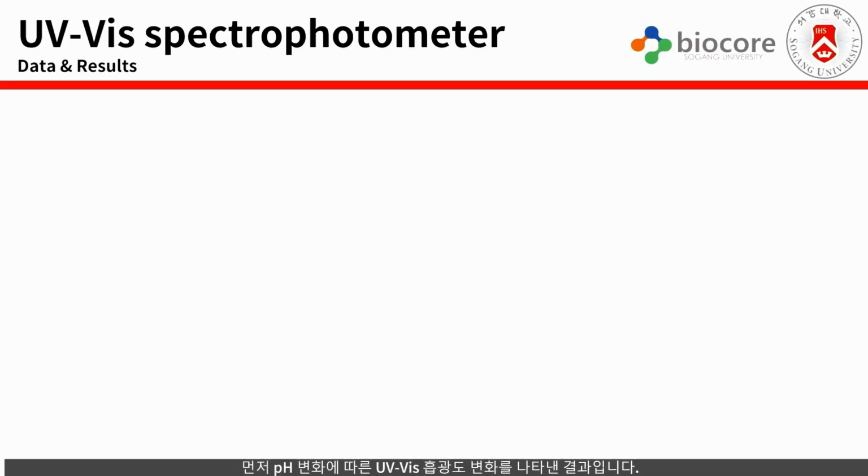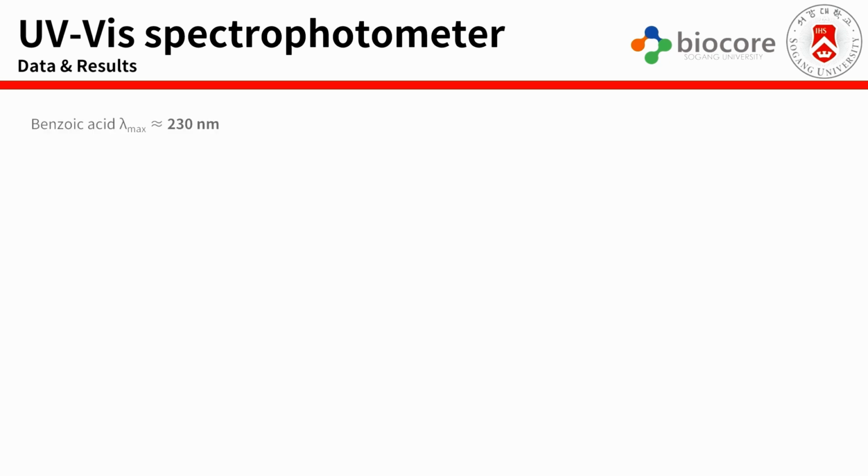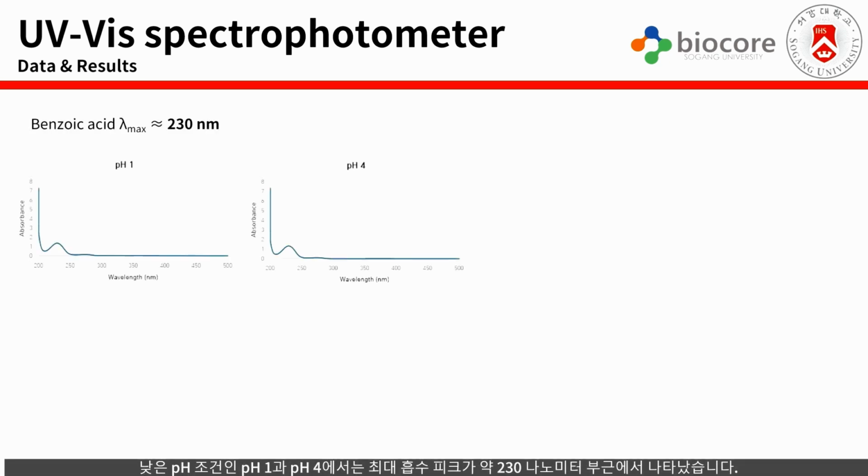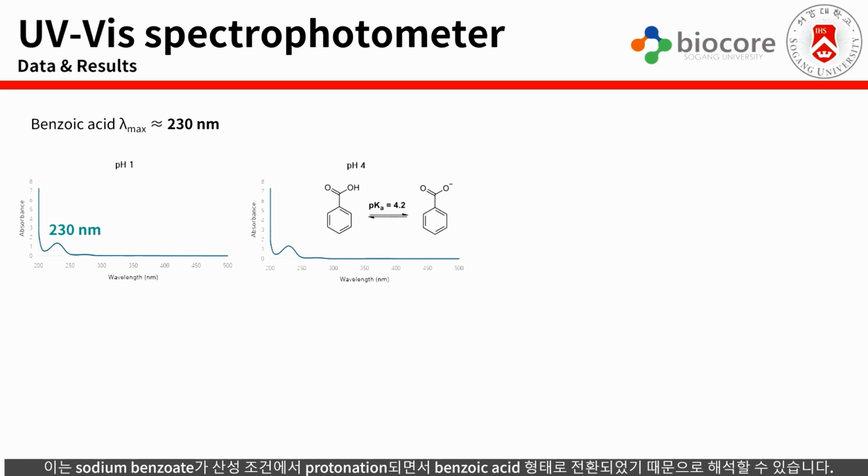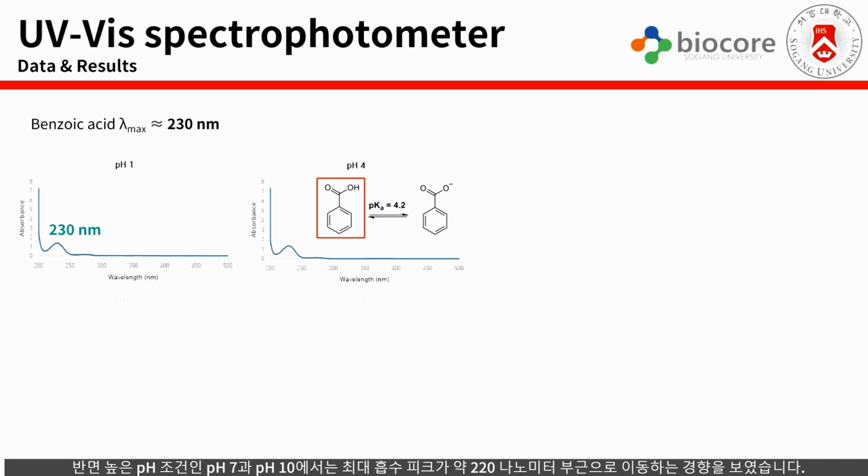First, these results show the changes in UV-visible absorbance spectra depending on pH. At pH 1 and pH 4, the maximum absorption peak appeared around 230 nanometers. This can be interpreted as sodium benzoate being protonated under acidic conditions and converted into the benzoic acid form. In contrast, at pH 7 and pH 10, the maximum absorption peak shifted to around 220 nanometers.